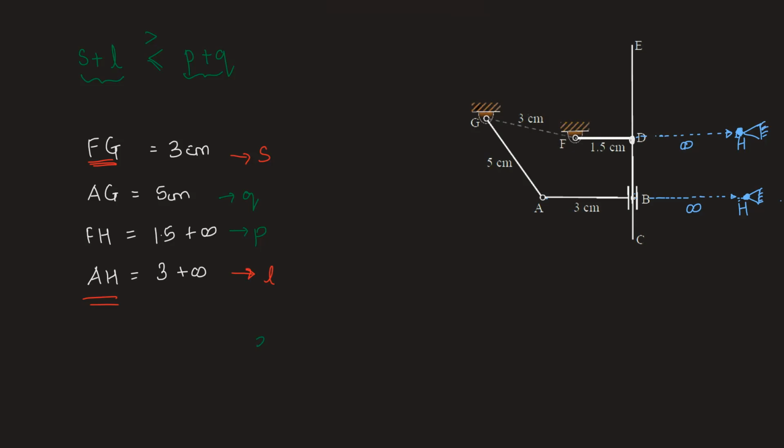S plus L is 3 plus infinity, while P plus Q is 1.5 plus infinity plus 5. So this sum is 3 plus infinity, while the other is 6.5 plus infinity. So we have P plus Q greater than S plus L, and therefore we can conclude that Grashof's law is satisfied.